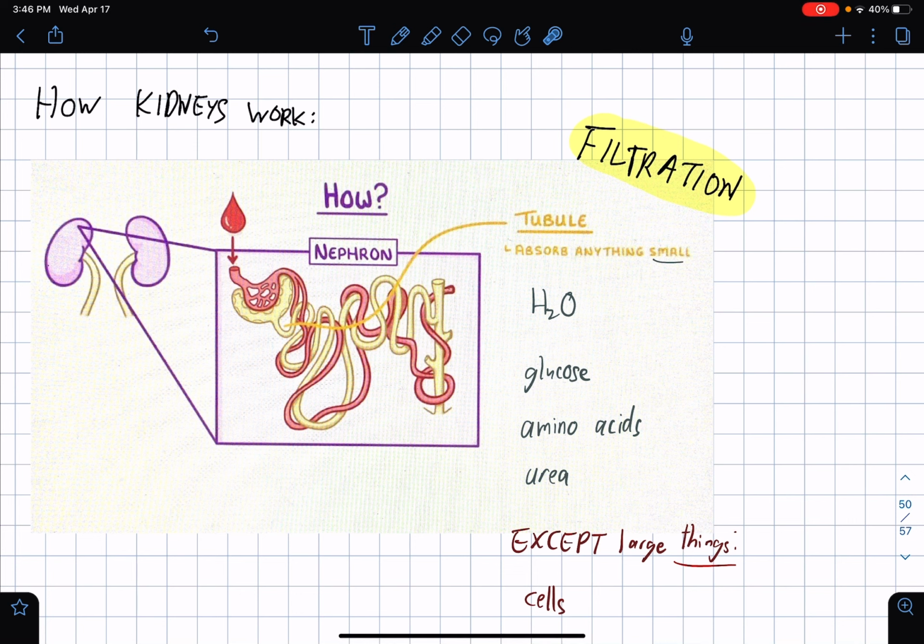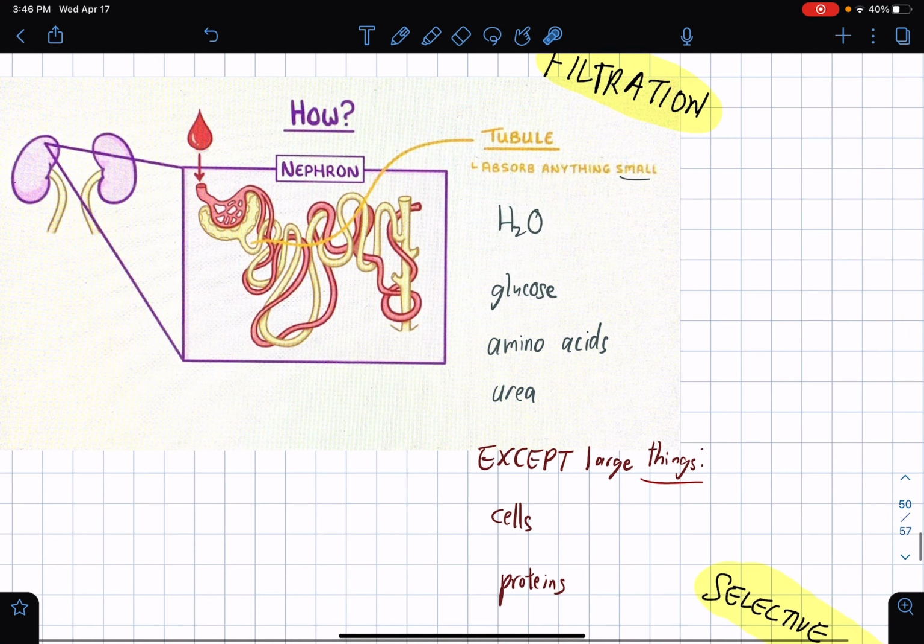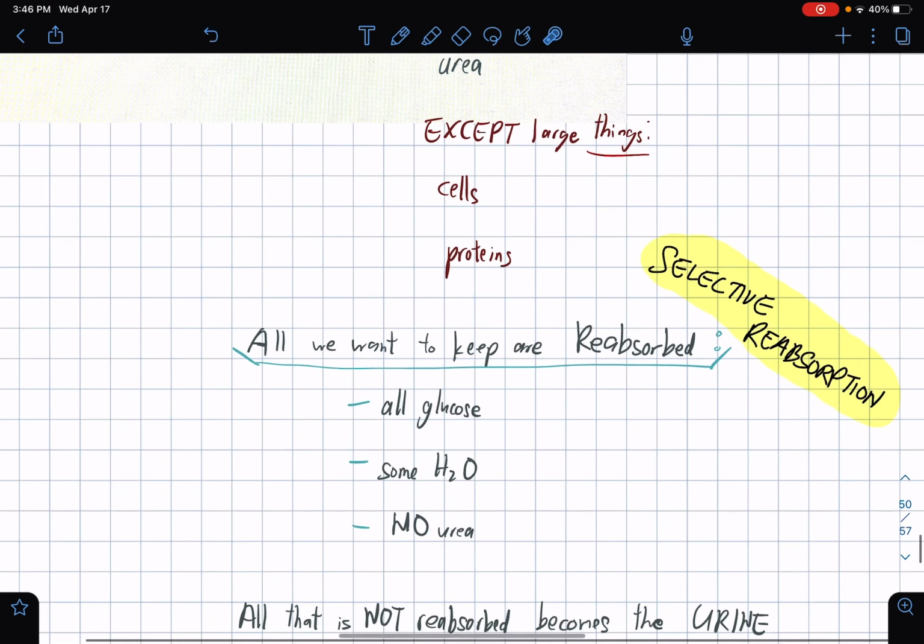So basically, they filter the blood that is dirty. And the waste product that is produced from the filtration process is the urea. And the tubule absorbs anything small, so water, glucose, amino acids, urea, except large things such as cells and proteins.